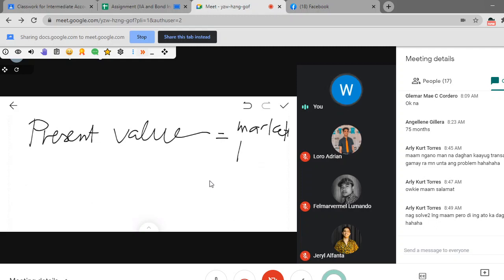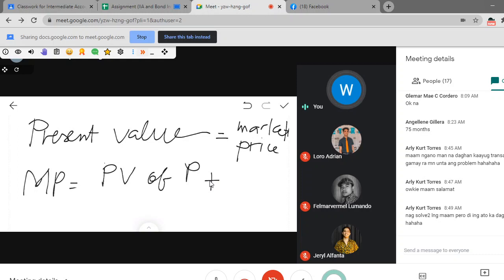Market price equals present value of your principal payment plus present value of your interest payment.